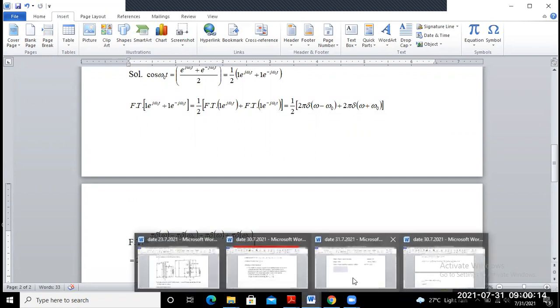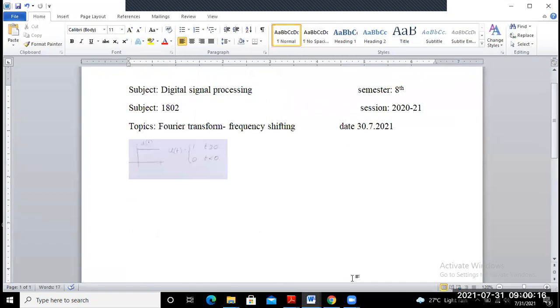Now let us discuss another function. Suppose we want the Fourier transform of a step input function.